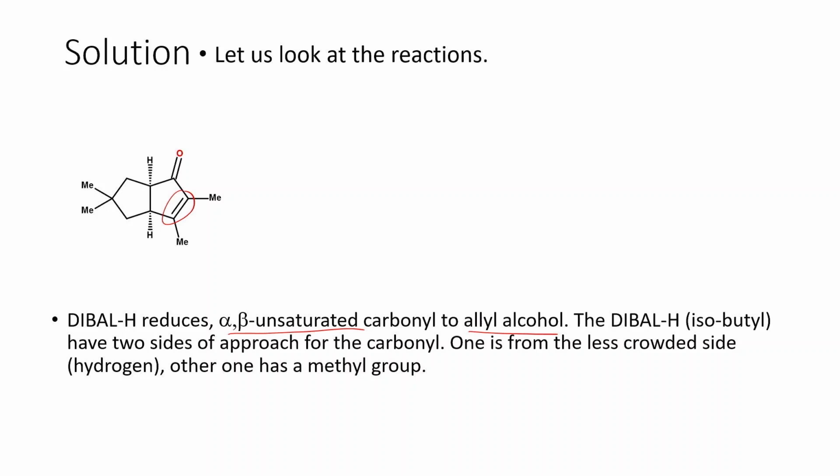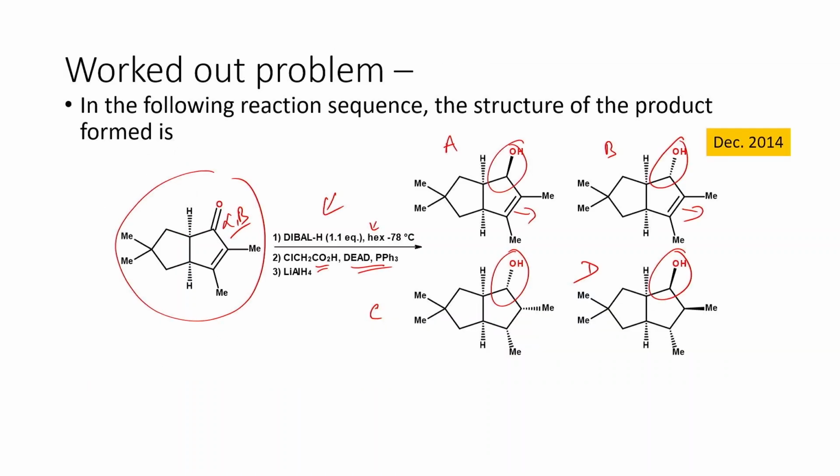So if you look at the 4 options in the question, we have C and D where the double bond is reduced. We can clearly say these 2 cannot be the choices, simply because DIBAL-H does not reduce the alpha beta unsaturated carbonyl completely. It only gives the allylic alcohol.